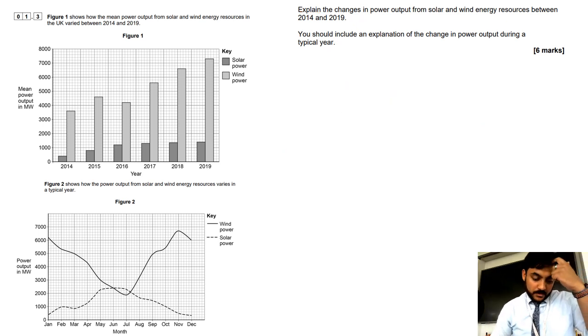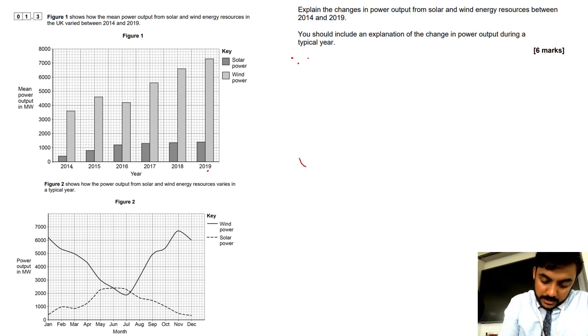Part 1. Let's talk about Figure 1 first, and we'll use bullet points, and we'll write the word because in between each of the statement and the reason. So the first statement I'm going to make is the fact that from 2014 to 2019, the trend in wind power has increased.